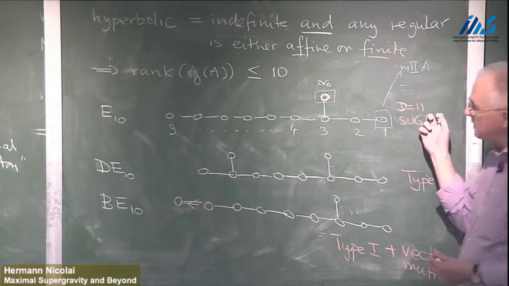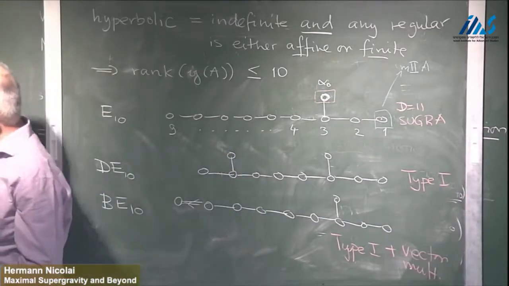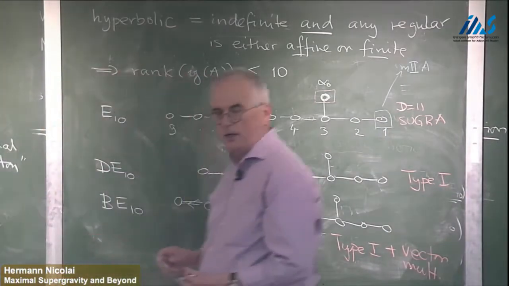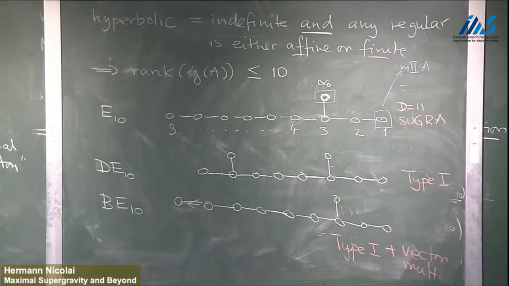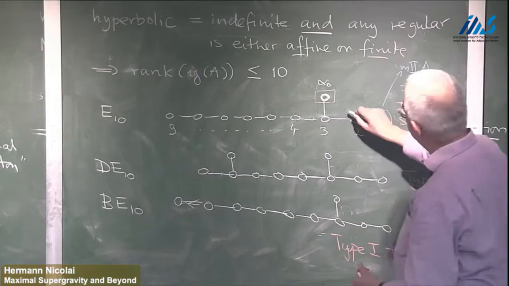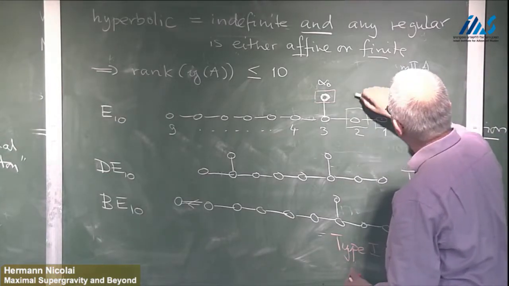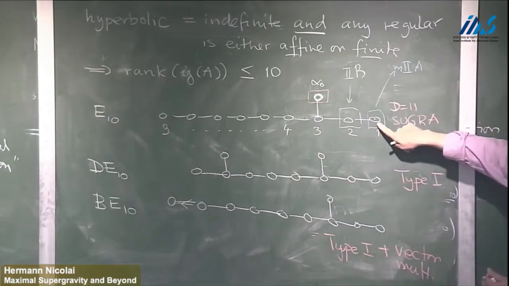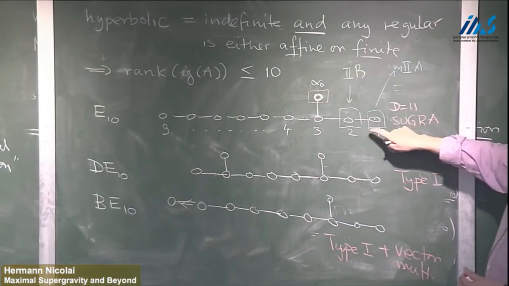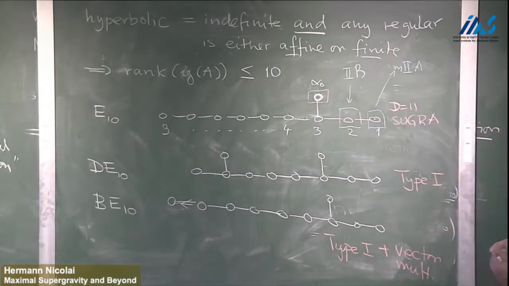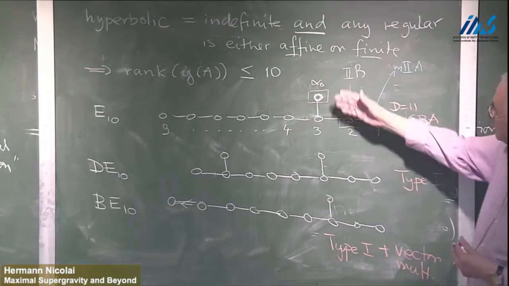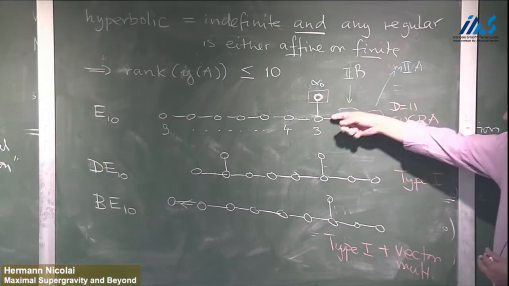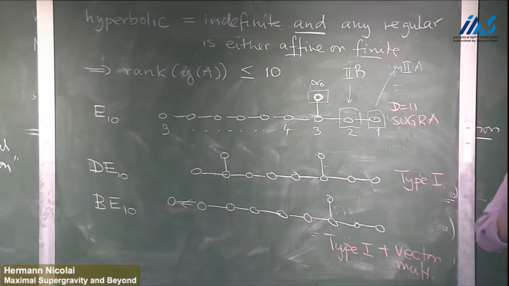And when you analyze this in the same way, you will just find the corresponding bosonic multiplet of type 2A, including the Romans mass term. And finally, you might also single out this node, and then you get what's called 2B, because here you see the SL2 of type 2B supergravity times an SL8. And again, when you do these decompositions, you will recover the bosonic parts of the 2B supermultiplet in 10 dimensions.